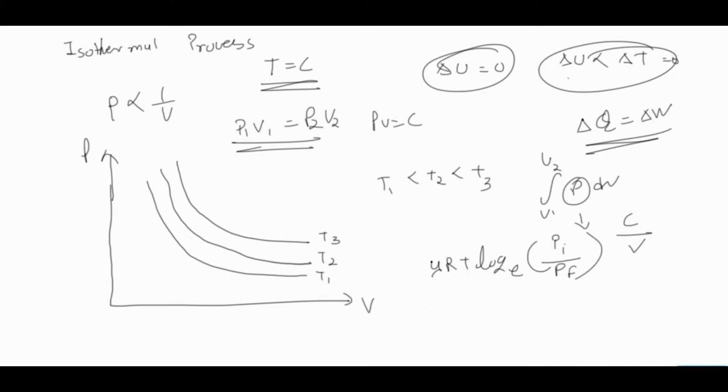Or we can get the same formula in terms of volume: mu RT log with base e of Vf by Vi. So this is the formula of work done for the isothermal process. Please do remember this, guys.